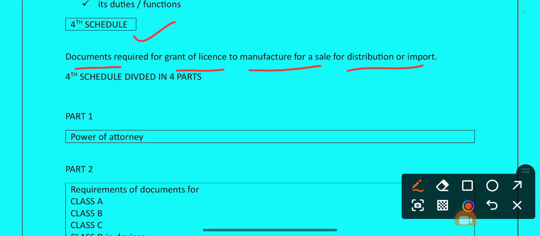This is the purpose of the fourth schedule in the Medical Devices Rules, 2017. The fourth schedule is divided into 4 parts.